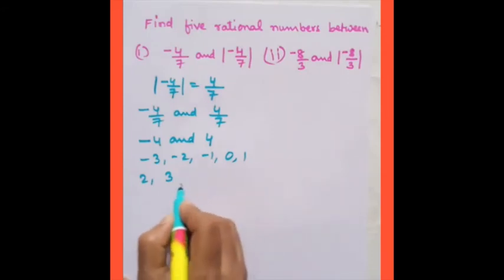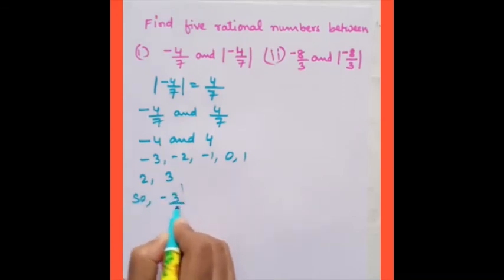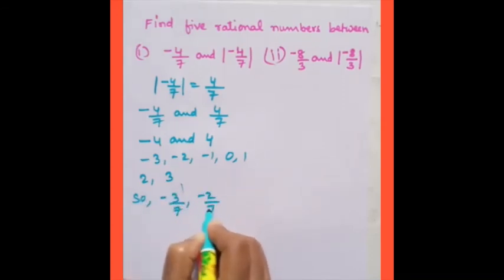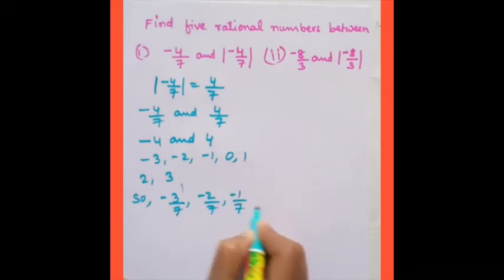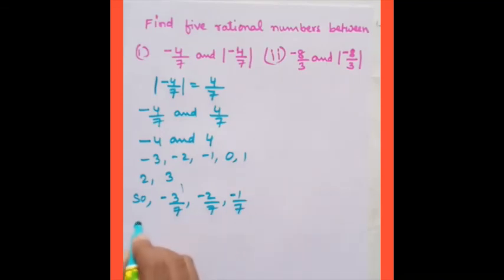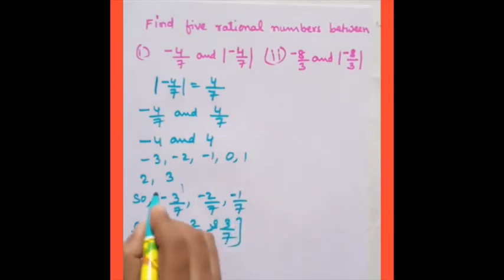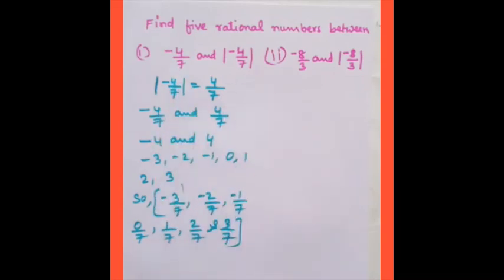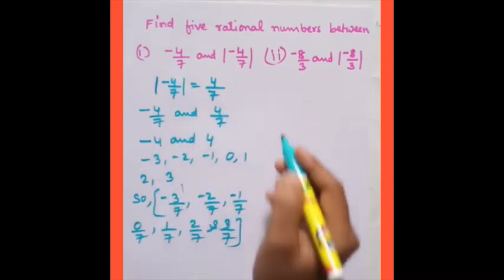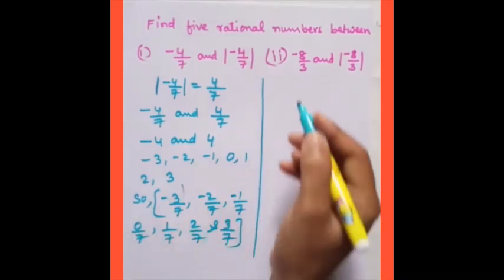So see here: minus 3 by 7, minus 2 by 7, minus 1 by 7, 0 by 7, which you can leave or, if you want, you can put 0 by 7 also, then 1 by 7, 2 by 7 and 3 by 7. These numbers lie between minus 4 by 7 and mod of minus 4 by 7. So out of these you can take any 5 rational numbers.